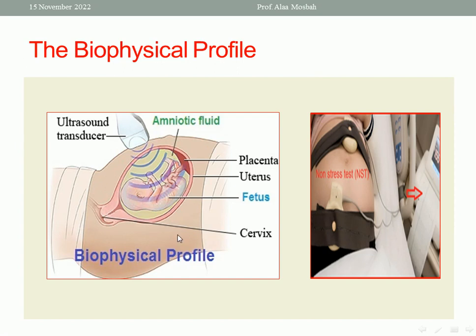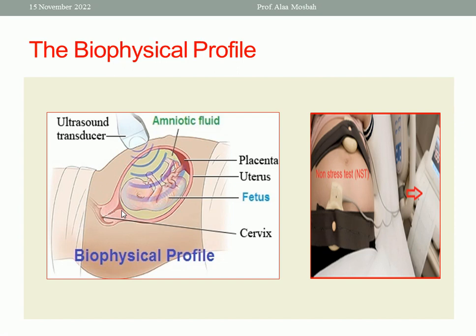What is the biophysical profile? The biophysical profile includes two categories. One is fetal heart rate monitoring as the non-stress test, as I mentioned before, and the other is by ultrasound, detecting the amniotic fluid volume, the fetal body movement, the fetal respiratory movement, and the fetal tone, which includes limb flexion and extension, or hand closure and opening.